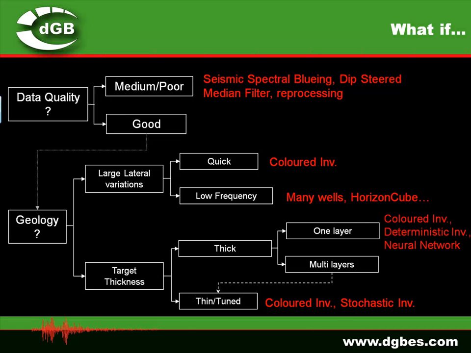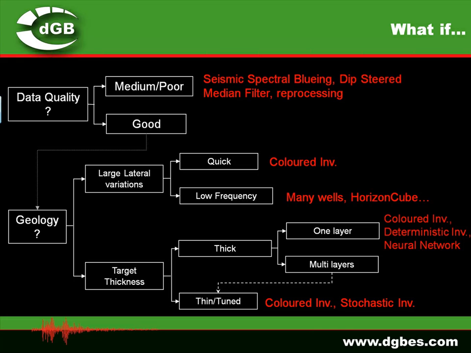Another thing you have to look at is the variations. If you have large lateral variations, that will have an impact on the model. If you have quick variation, then the model won't be able to follow, so it's better, more trustable to do color inversion. If it's low frequency variations, then you have to have a good constraint.